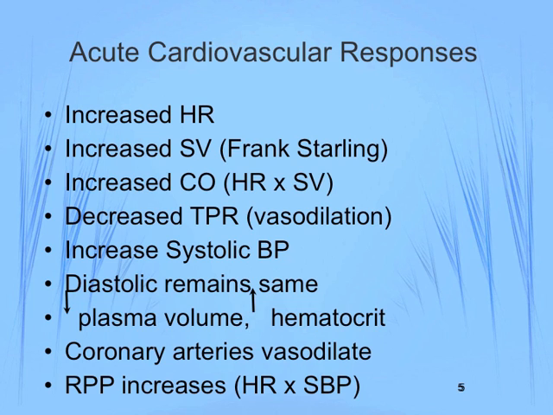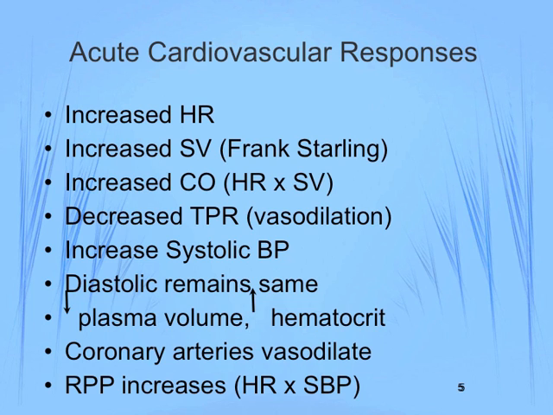Our coronary arteries dilate, and so they enlarge. The reason for that is your heart is beating harder and faster, so it's demanding more oxygen. The arteries that lie on the surface of the heart, called the coronary arteries, dilate so that more oxygen-rich blood gets sent to the myocardium, or the heart muscle.